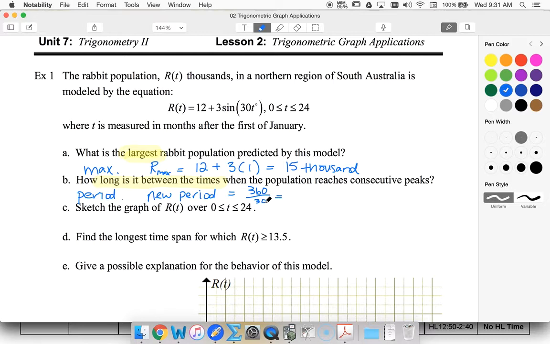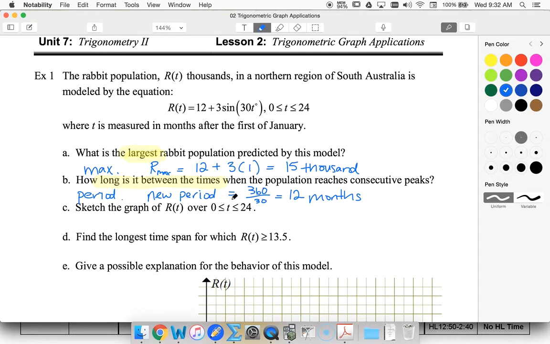So 360 divided by 30, that's going to give me 12. And so how long is it between peaks? I know that I'm measuring in terms of time, so this is 12 months. So what we're looking at here is the cycle is happening over a year.